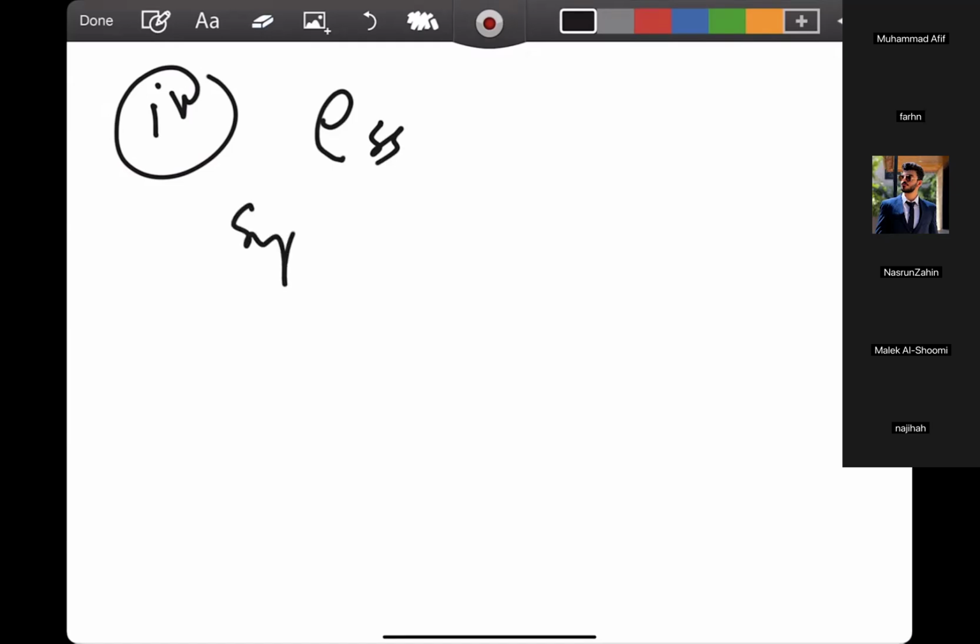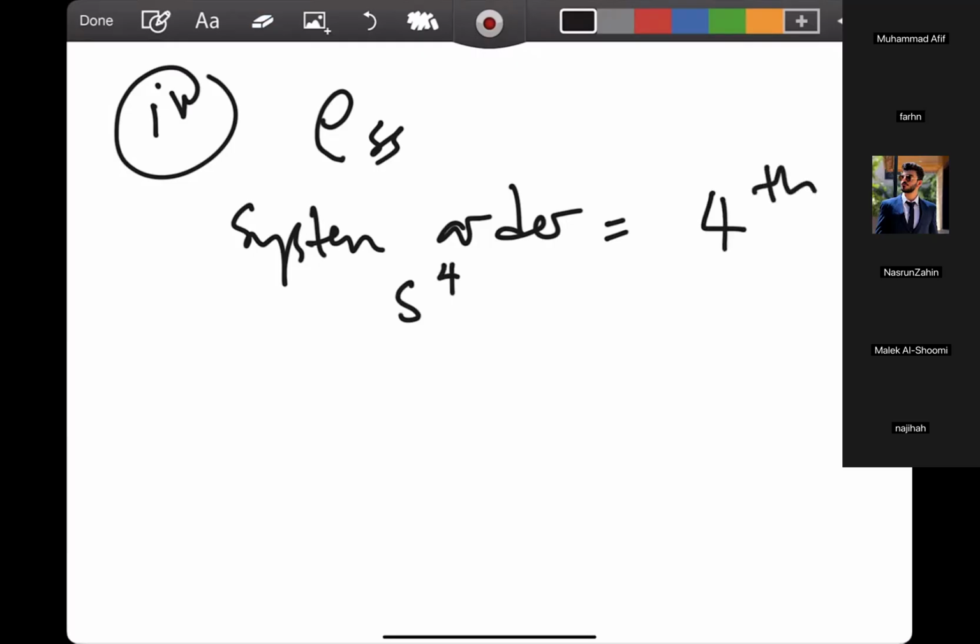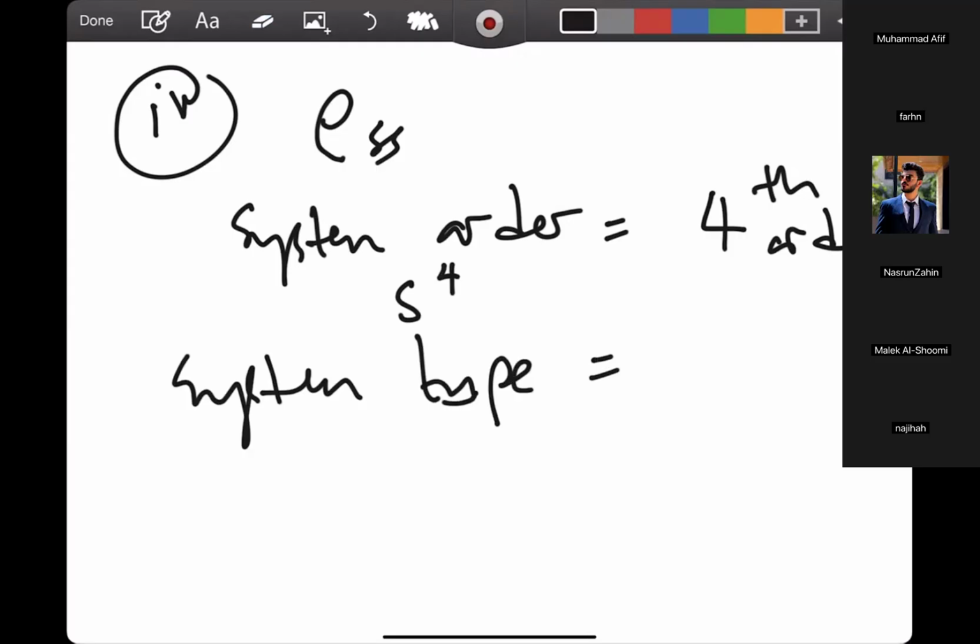System order berapa, Afif? 1. Astaghfirullahaladzim. System order. Fourth order. Kan? 4. System type, berapa? 1. Okay, nasib baik kau.